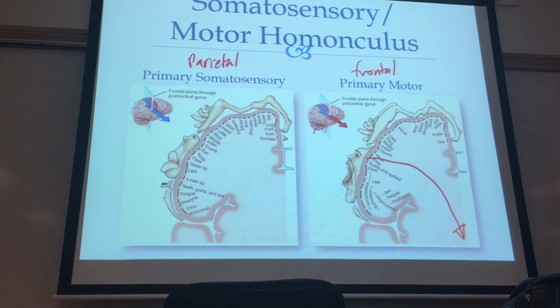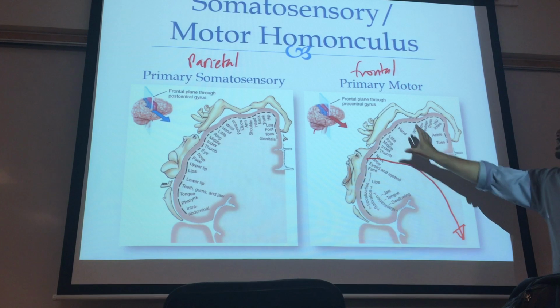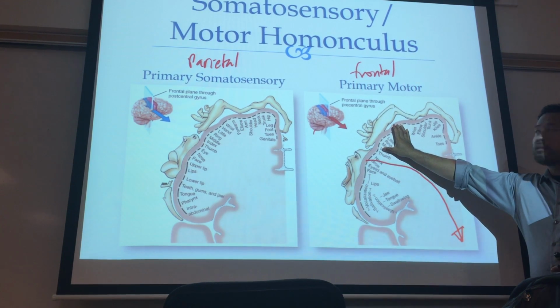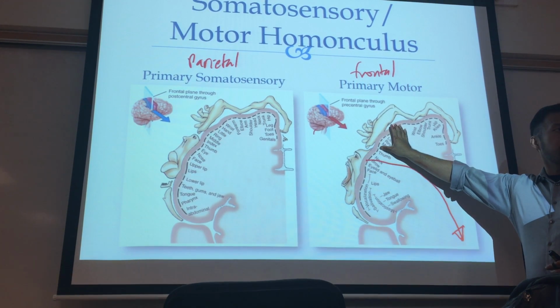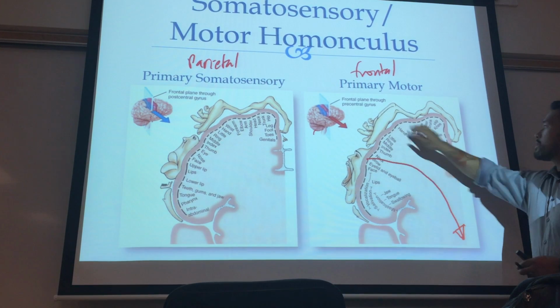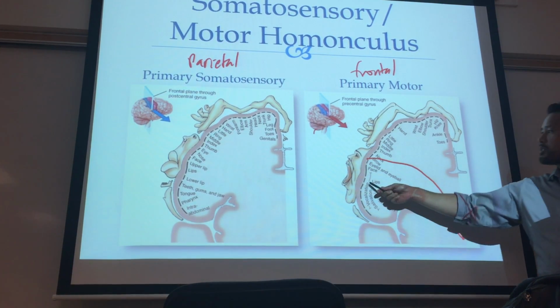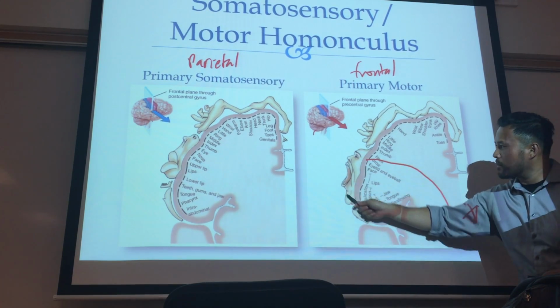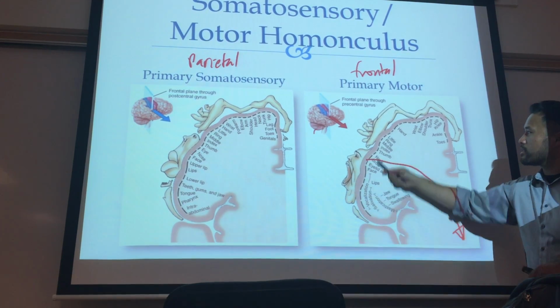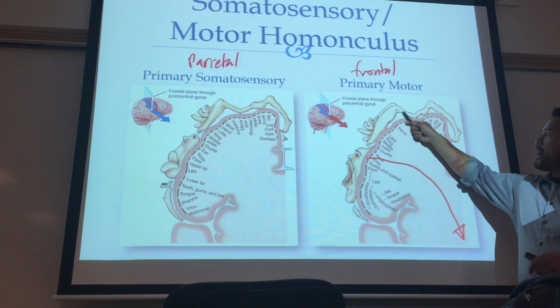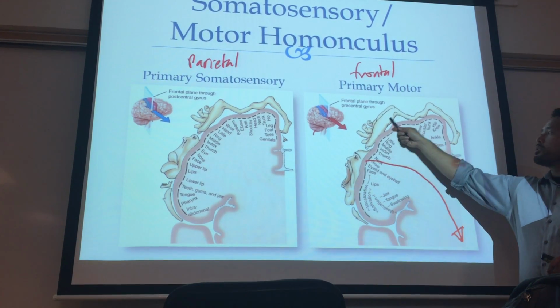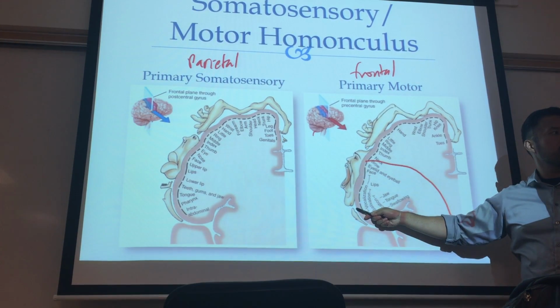So areas that require the most muscle control are going to contain, again, the largest sections of this gyrus. So areas like the hand, which requires a lot of motor control, lips, tongue, all responsible for speech, facial muscles. So face and hand have the most motor control, so you're going to see more neurons of those areas.